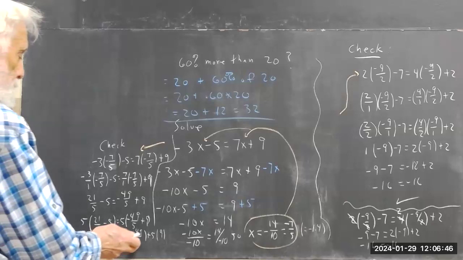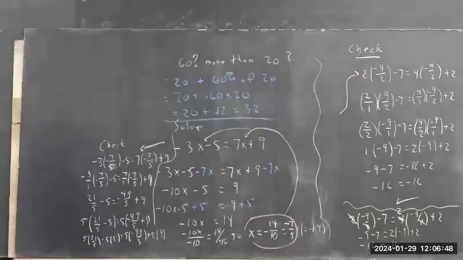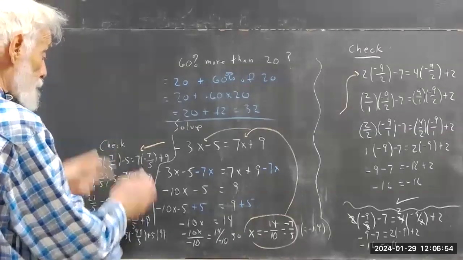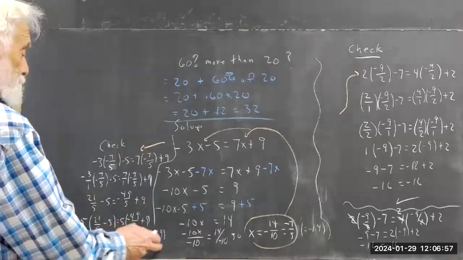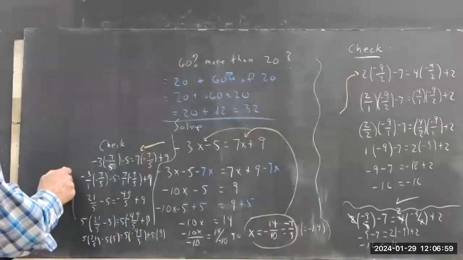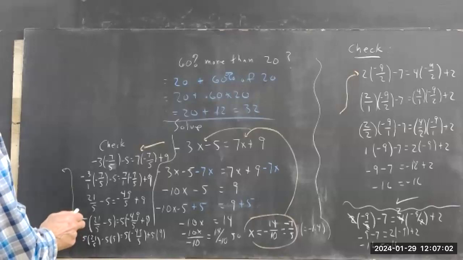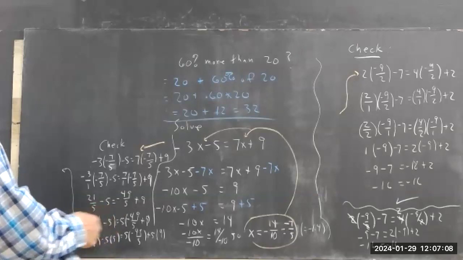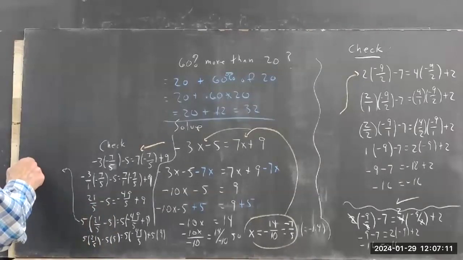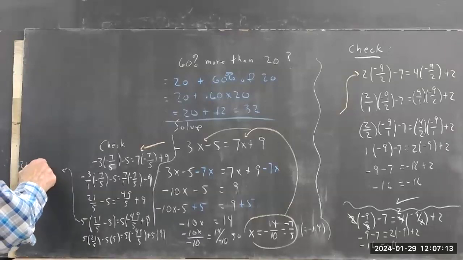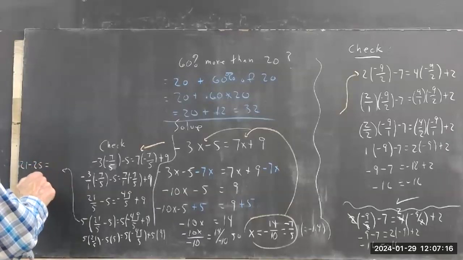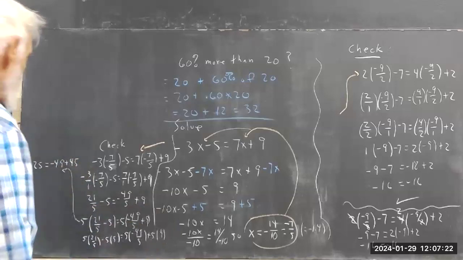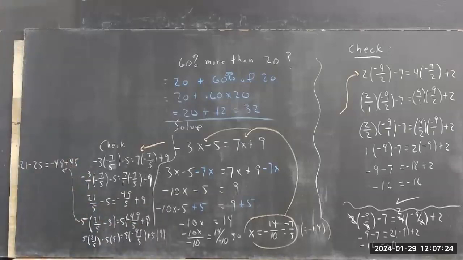So I've written out what I actually have to do. But if you do it carefully, where you make sure you multiply 5 by everything on this side and multiply 5 by everything on this side, you kind of skip this step, but you want to be careful. Well, if I do that, what's 5 times 21 over 5? Well, that's like 5 over 1 times 21 over 5. The 5's divide out, and I end up with 21 minus 25 equals negative 49 plus 45.